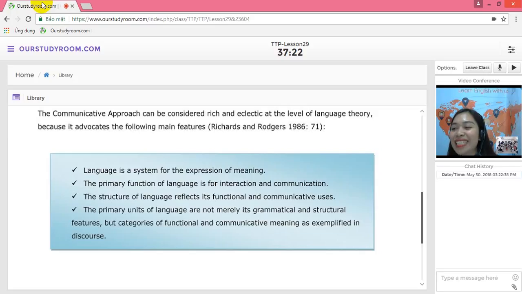Okay, so the structure of language reflects the function. It reflects the function of communicative uses. So what are those communicative uses? It reflects the function. Reflection.